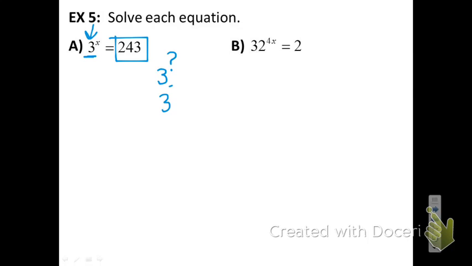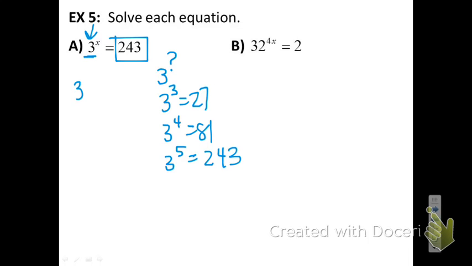I know that 3 to the 3rd, we just did that, was 27. 3 to the 4th is 81. 3 to the 5th is, there it is, 243. So I'm going to go in and replace this 243 with a 3 to the 5th, because they are the exact same value. And once I replace them, if you remember, when the bases are the same, we can cancel them. And we set the exponents equal, and there's your solution.